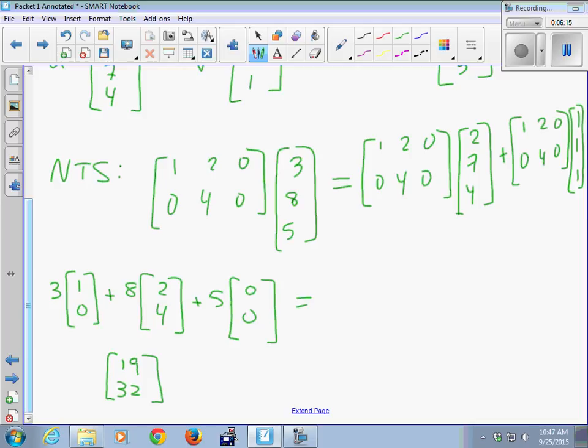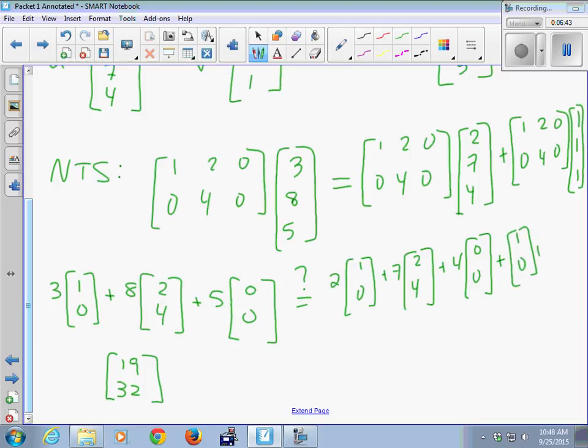Does that equal the same thing on this side? I have to do 2 matrix multiplications in this case. Now my weights are 2, 7, 4. Put those on each column: 2 times 1, 0, plus 7 times 2, 4, plus 4 times 0, 0. Then I do the same thing and put a weight of 1 on each of my columns: 1, 0, plus 2, 4, plus 0, 0.